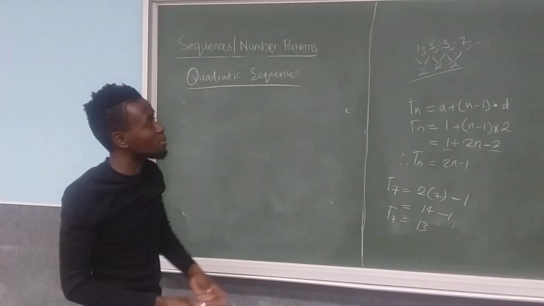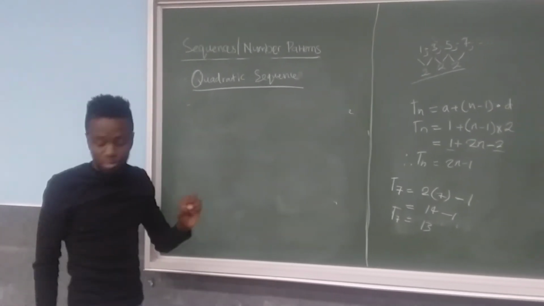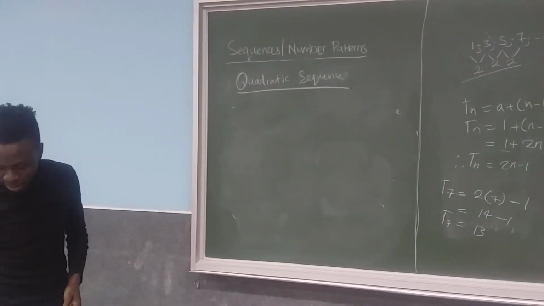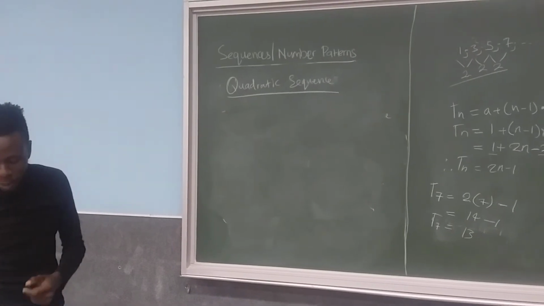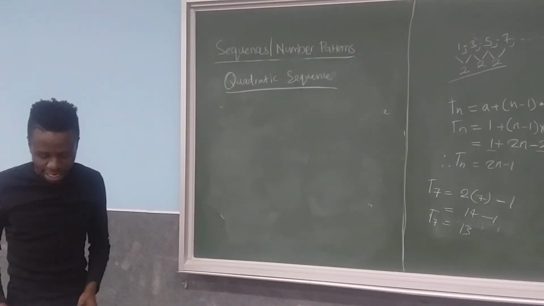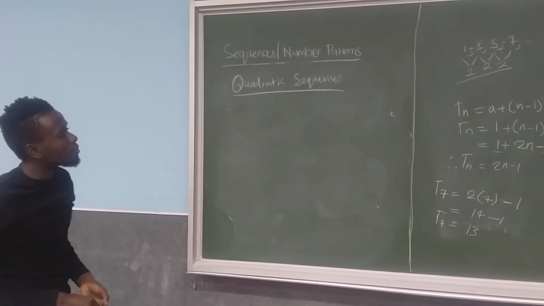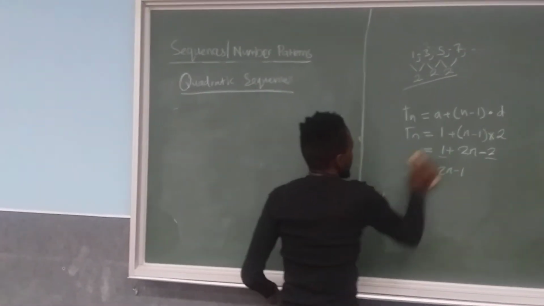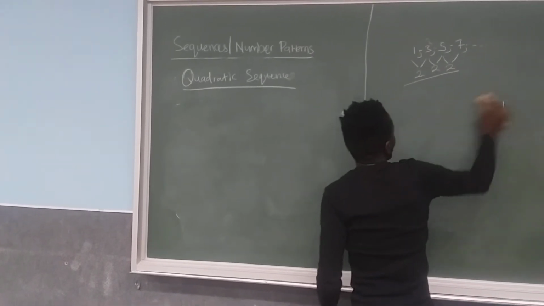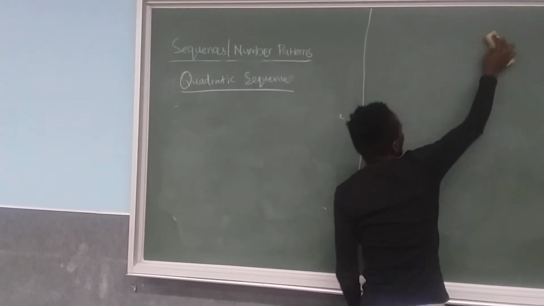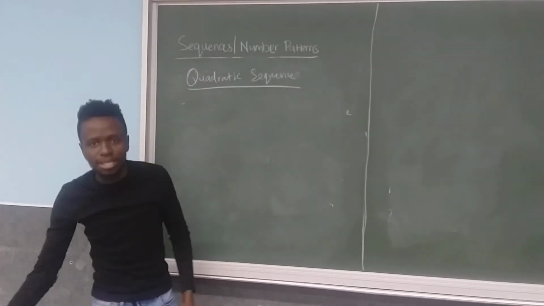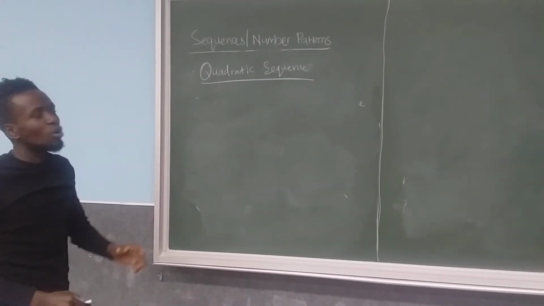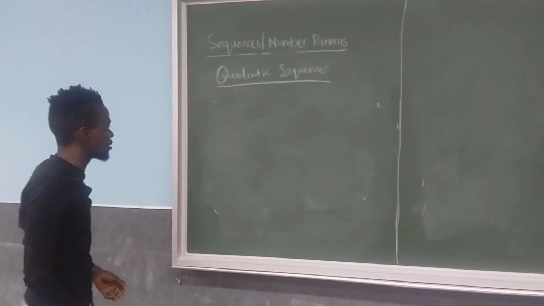Remember in linear we were speaking about the first difference; now we are speaking about the second difference. So we will know that a sequence is a quadratic sequence if the second difference of that sequence or pattern is constant. No longer the first difference, but the second difference.